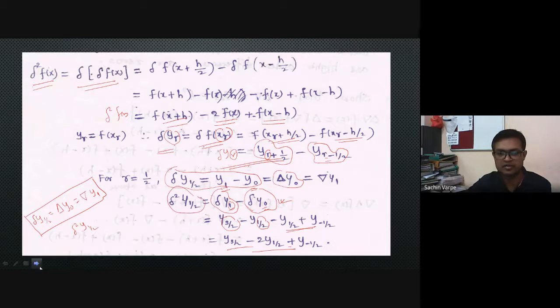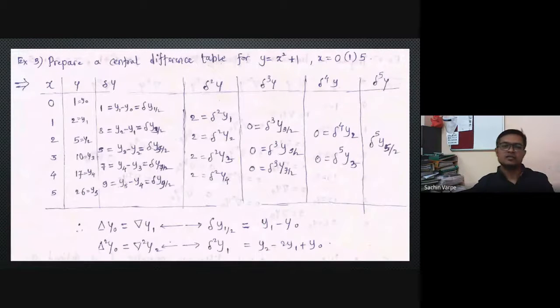Okay. Next, this is a table for central difference step operator. For this function y is equal to x square plus 1, start from 0 to 5 with the difference of 1, 0 to 1, 1 to 2, 2 to 3 and so on. Okay. So the same thing, small delta of y, suppose that is small delta of y naught, that is y1 minus y0, because what is delta, it is like del, we have seen.